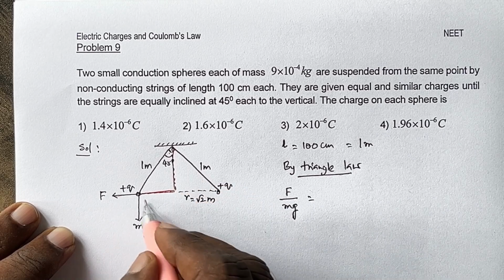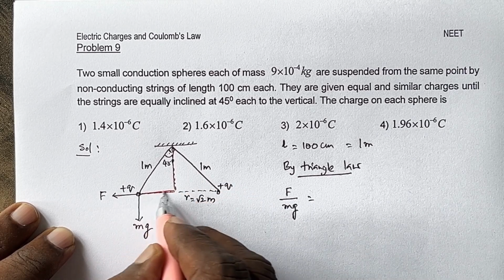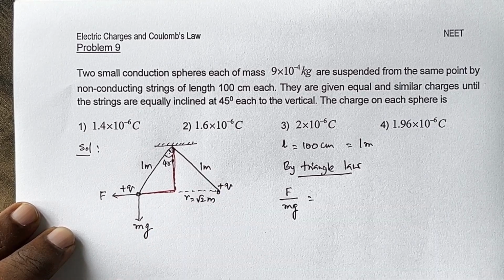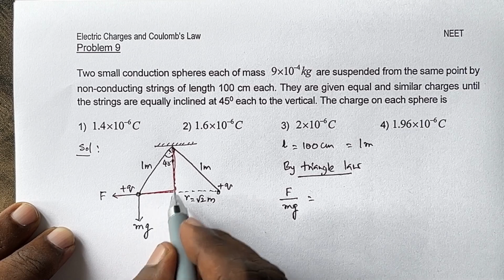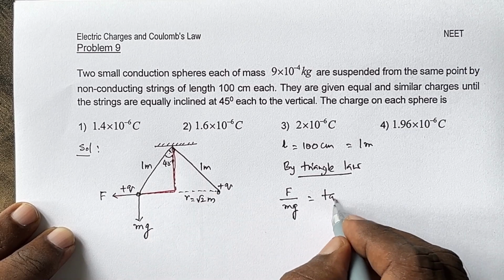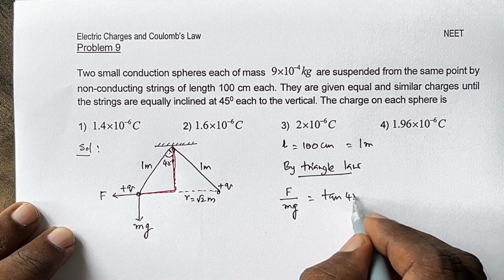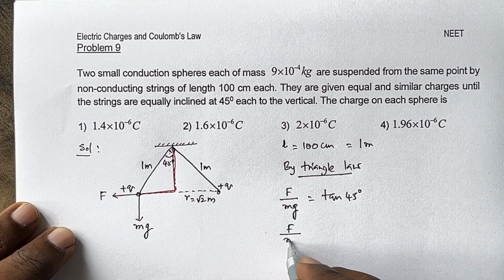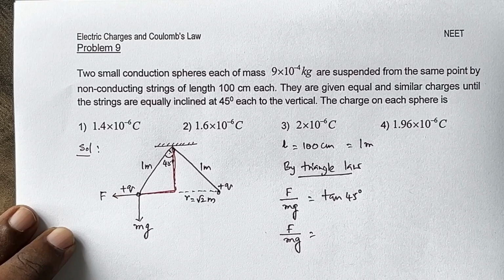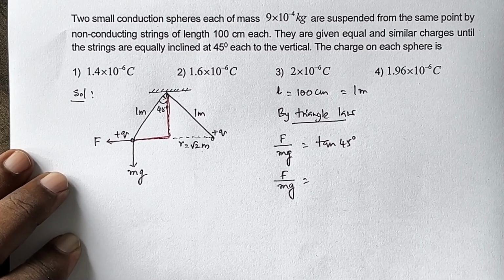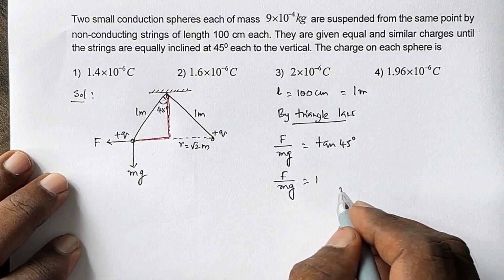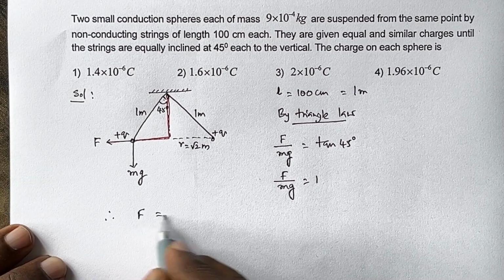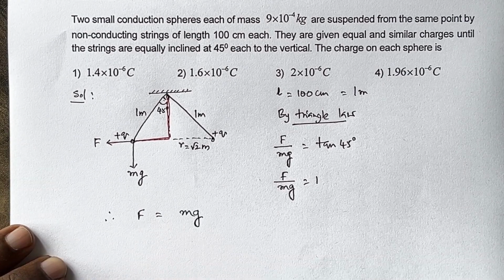So F by mg is equal to the opposite side by the adjacent side to the angle 45 degrees. Opposite to adjacent ratio is called the tan ratio, tan 45 degrees. So F by mg is equal to tan 45, which is 1. Therefore F is equal to mg.